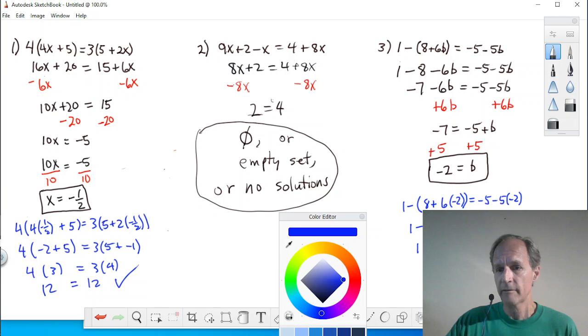Negative 5 minus a negative 10, well, that becomes plus 10, right? 1 minus negative 4 means 1 plus 4. On this side, 1 plus 4 is 5. Negative 5 plus 10 is 5. And that checks.